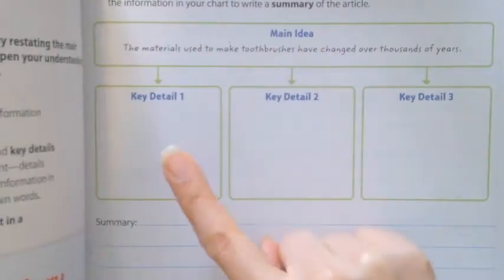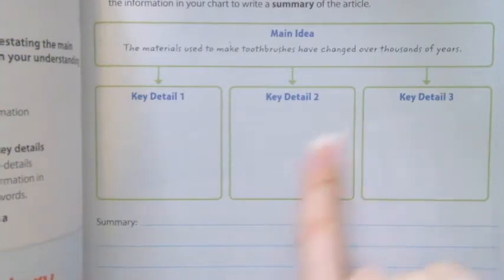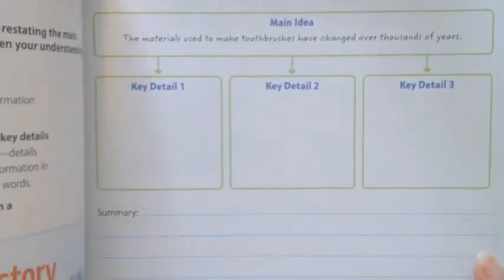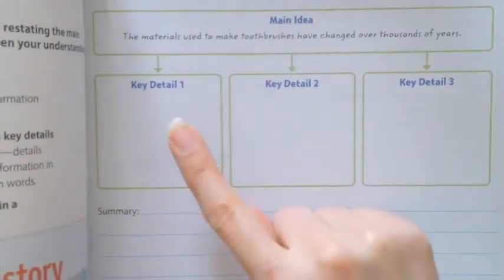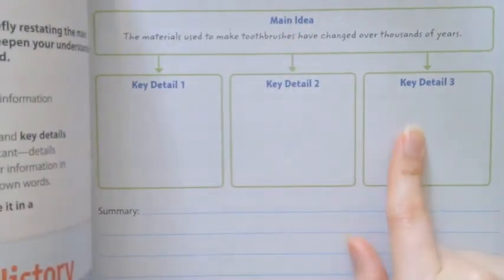Okay, so we have our main idea, we need 3 key details, and then we need our summary written out. The summary is going to include our main idea and those 3 details in the order that we are writing them. Again, the details are going to occur in the order in which we are reading them.